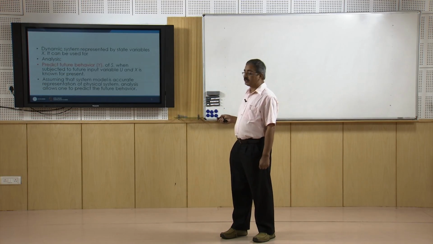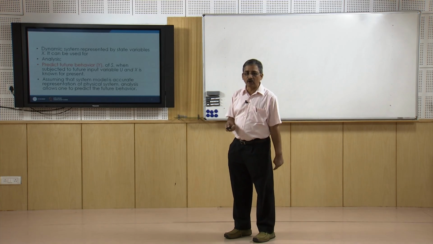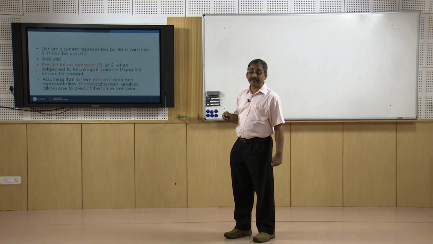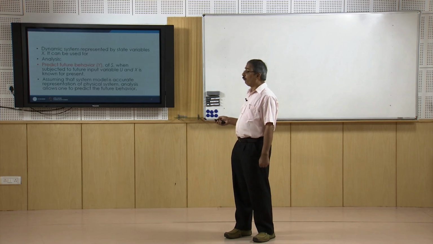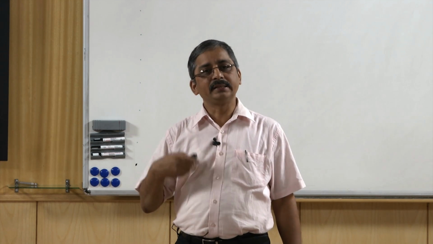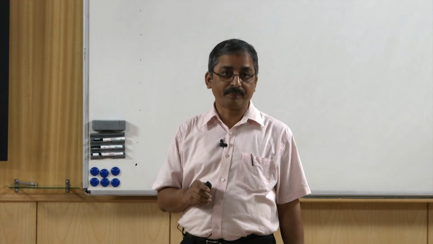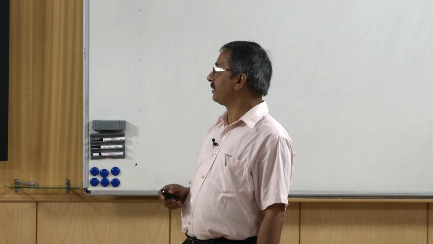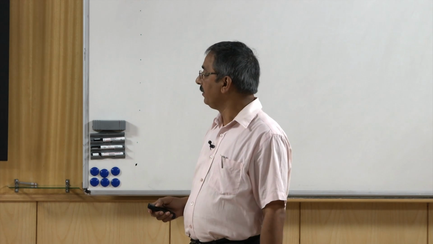And of course, this prediction is going to be true based on the assumption that whatever model we have created is correct enough. So, the system model is an accurate representation of the physical system.